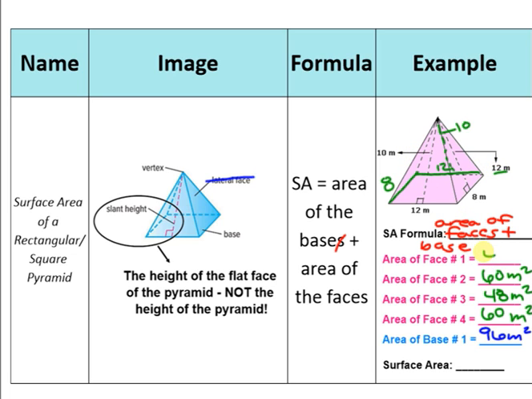So that's also going to end up being 48 meters squared, okay? Like a rectangle, opposite sides. Now what we need to do is add all those up together. So 48 plus 60 plus 48 plus 60 plus 96, and we get 312 meters squared, and that is the surface area of that shape.